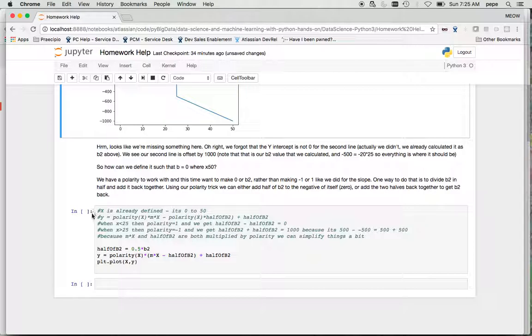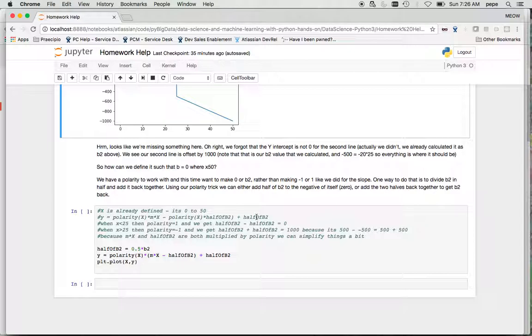So if we look here, we know that our y function is our polarity of x times mx plus some b value. And the problem is b is going to change if x is less than 25 or greater than 25. So if we take b2, our y-intercept, and divide it in half, then we can subtract out half of that value and then add half of it back, and collectively that gives us 0.